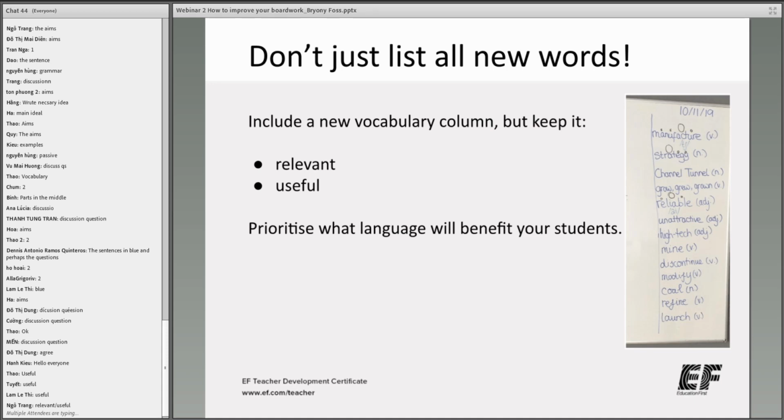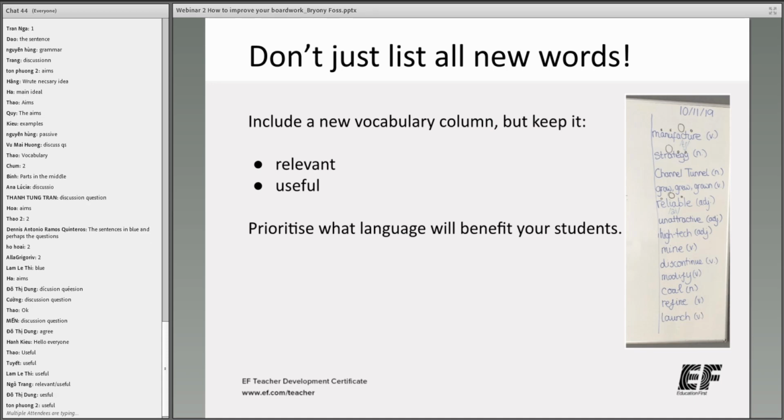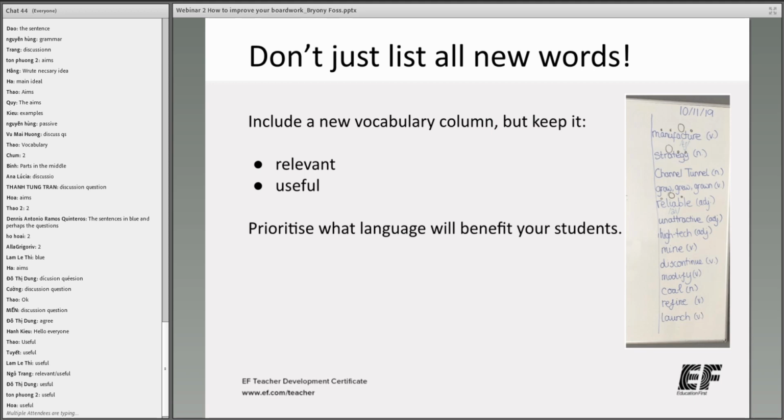Prioritize what language will be most useful for your students. This list that you can see is actually too long. It's much better to use fewer words that students will remember and be able to practice during the lesson.